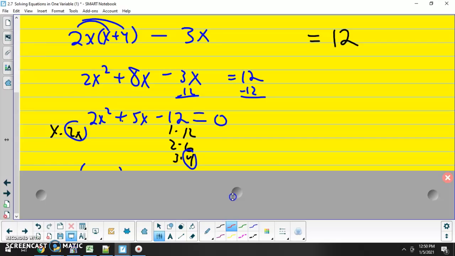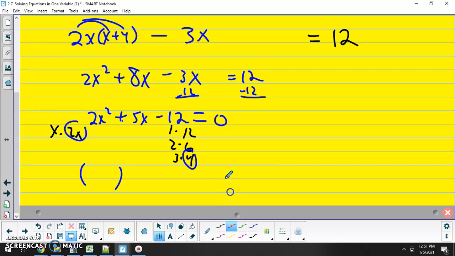Do any of these work to give you the middle here? Oh, look, I have it circled already. 2x times 4 is 8x, x times 3 is 3x, 8 minus 3 is 5. So this pair, 3 and 4, will give you 5. The signs are going to be different because this is minus 12 here. So we want to get a negative 12, so we're going to put different signs in parentheses.